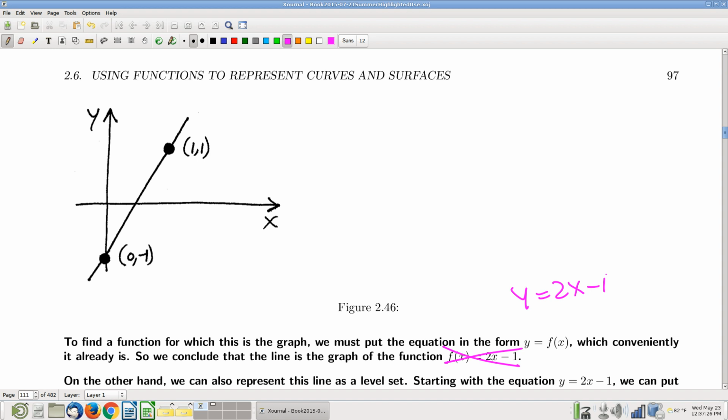Now let's talk about how I would score this response on a midterm exam, where the question is, find the function whose graph is this line. The algebraic effort involved in getting to this equation is trivial. It's algebra 1, high school, maybe middle school level algebra. There's no challenge there. What would be the purpose of my asking a question like this on the midterm exam?